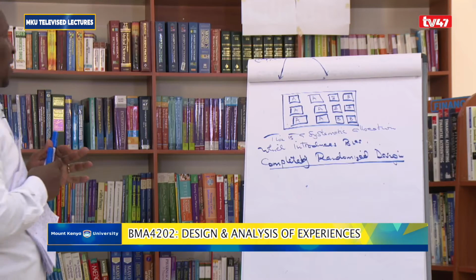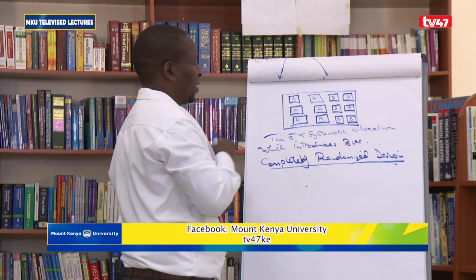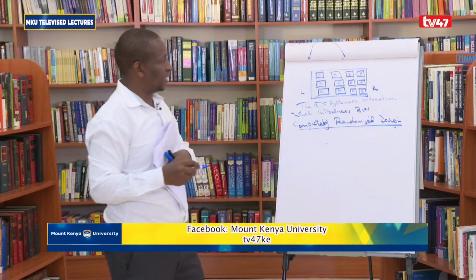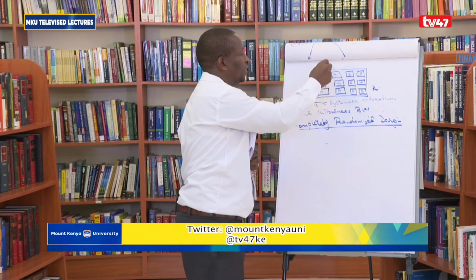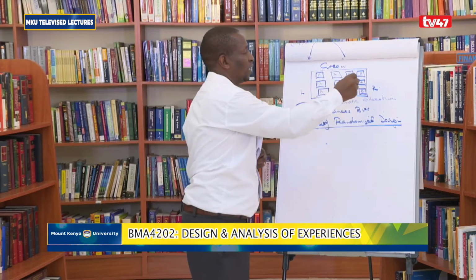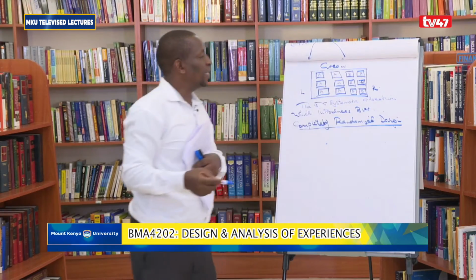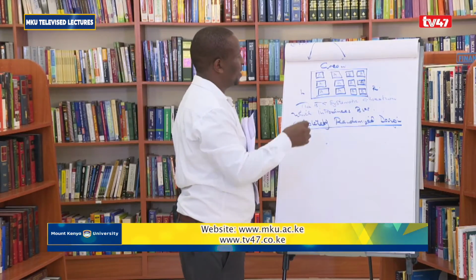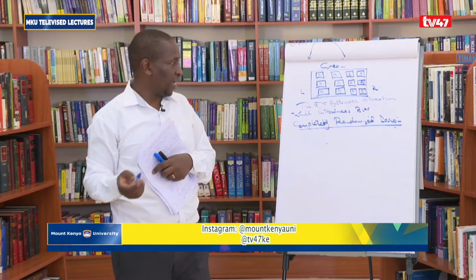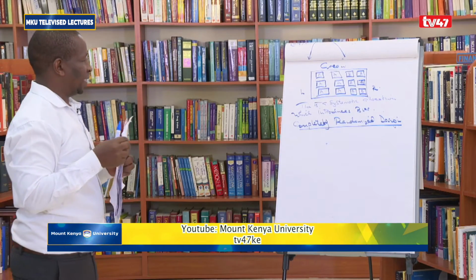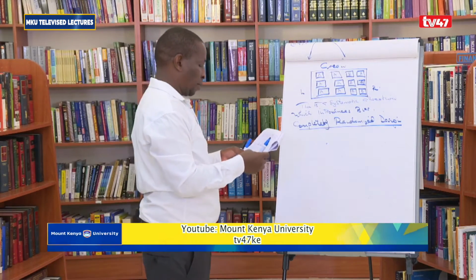The reason for this, it could be that maybe the source of heat is towards the right-hand side here, and this is our left-hand side of the greenhouse. Then it means that all plots on which variety B was applied experienced higher temperatures, which might influence the output, either negatively or positively. So we need to avoid that by using what we call completely randomized design.